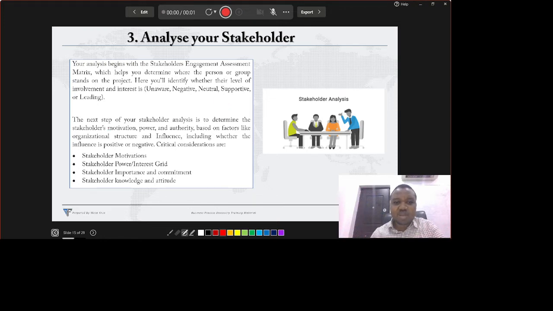So the next step of your stakeholder analysis is just to determine some critical considerations and factors. Who is the most powerful, what is the level of interest, who has knowledge, what's the attitude of the stakeholders, what motivates them, what's their commitment level.